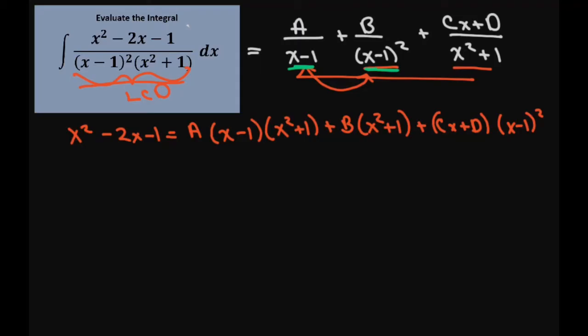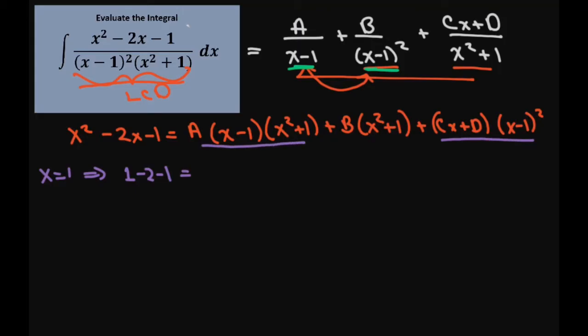All right, now let's see what we can do without multiplying all this through. Sometimes it's easier if you just look at it the way we have it. So if you let x equals 1, then on the left-hand side, you're going to get 1 minus 2 minus 1 equals, this is going to zero out, and this is going to zero out.